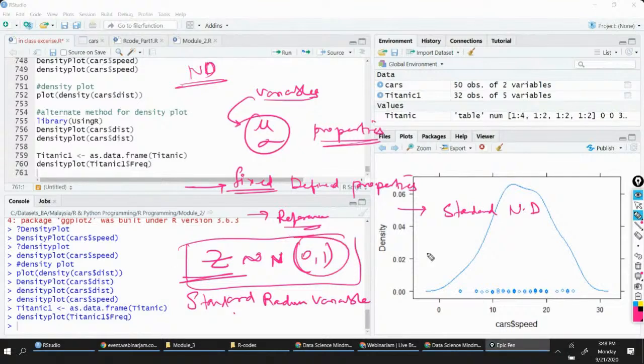And this standard will always have a perfect symmetrical bell-shaped curve. It's a perfect shape. Yeah, I'll not be able to draw such a perfect bell-shaped curve, but z will have a perfect bell-shaped curve, which is distributing the center equally. Yeah, it will distribute the center exactly the center.